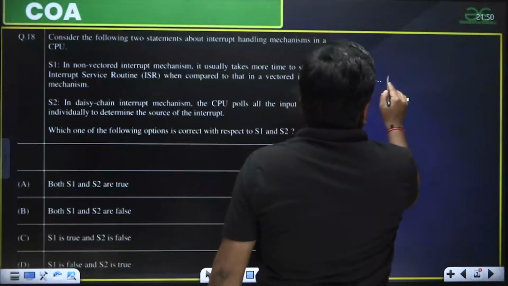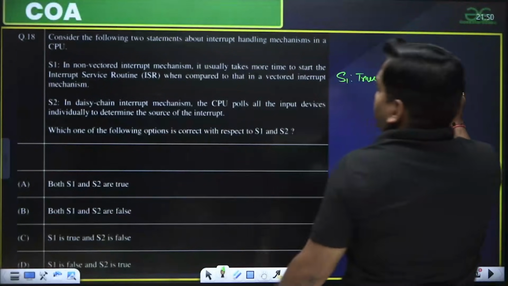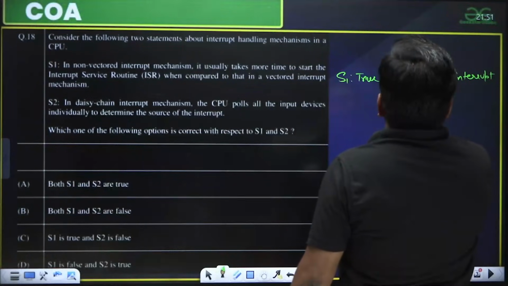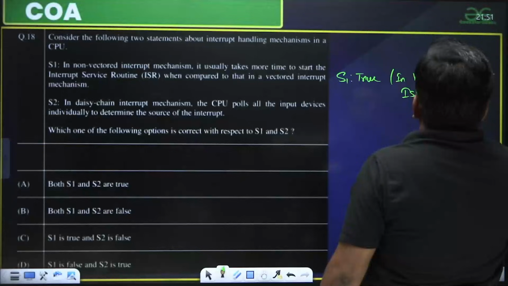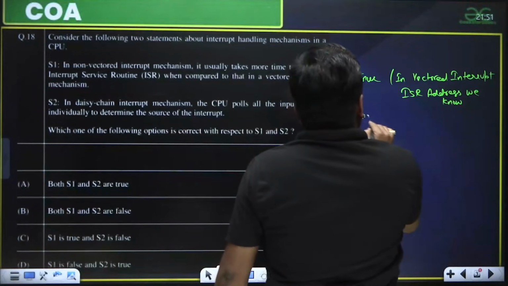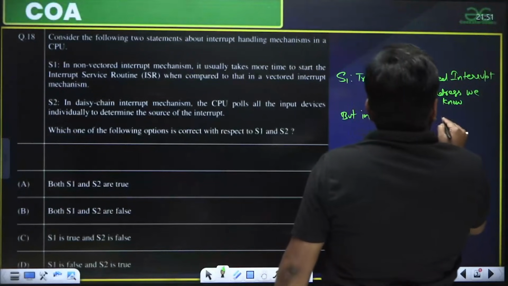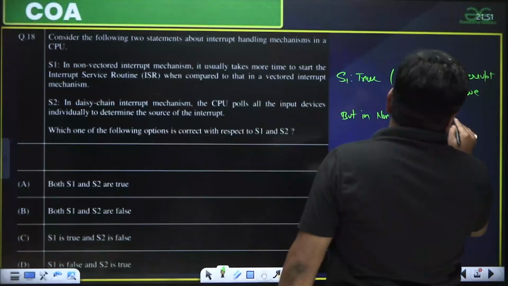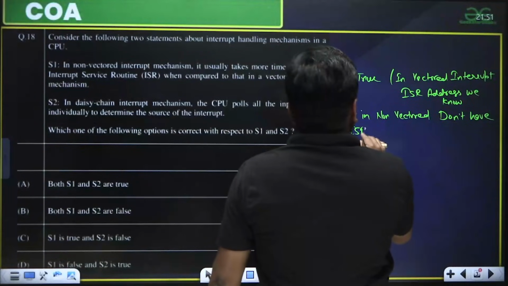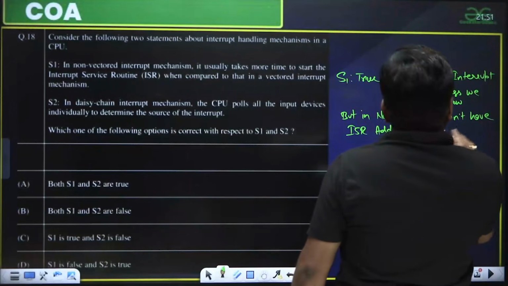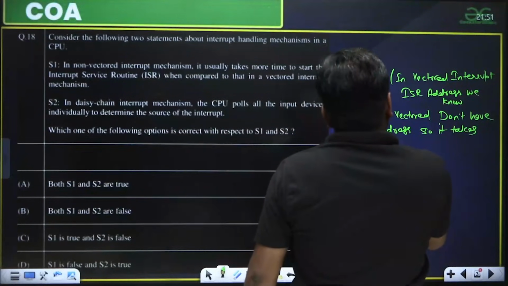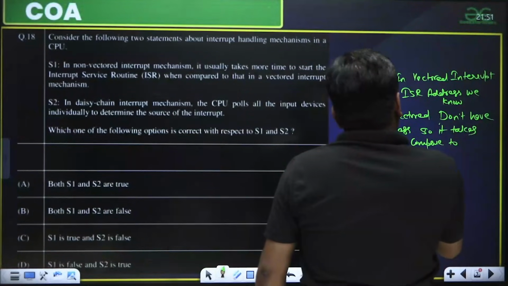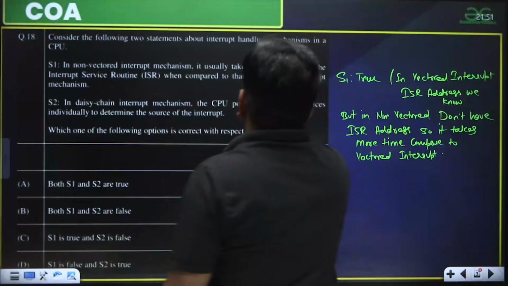Because in vector interrupt, my dear student, we already know the ISR address, but in non-vector, firstly we don't have the ISR interrupt subroutine address, so it takes more time compared to vector interrupt. So S1 is true.